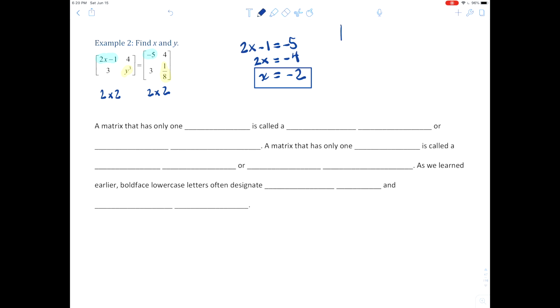Okay, so let's just separate them a bit, and we'll have y cubed equals 1/8. Do you remember your algebra? How do we solve this?